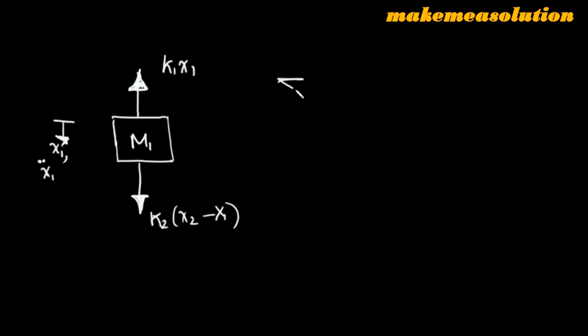And as usual, we now apply our summation F is equal to mass times acceleration, x1 dot dot. So summation F is the sum of all applied forces, which in this case is k2 into x2 minus x1, minus the sum of restorative forces.